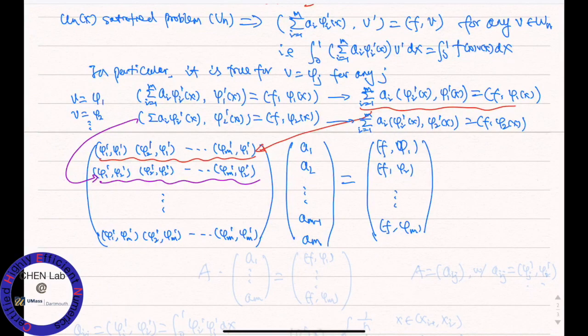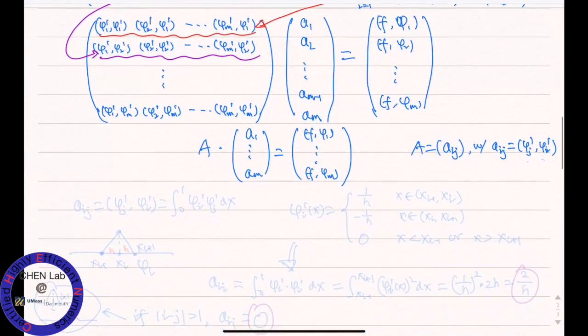So if we call this matrix A, we have, like the finite difference case, a matrix A times a vector a_1 to a_m, and this is equal to the right hand side, which is f phi 1 all the way to f phi m, right? And the matrix A, its component is A sub ij, with ith row, jth column, is phi_j prime, phi_i prime, all right?